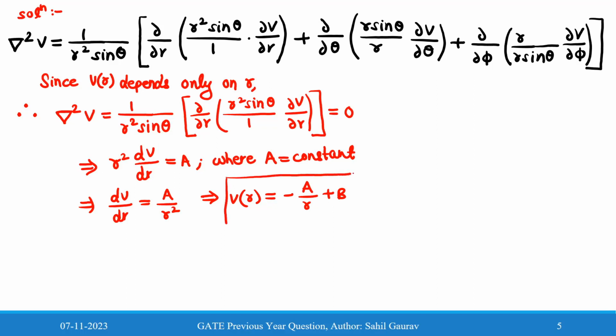So this is the generalized expression for electric potential, and we can call it 1, where B is constant.